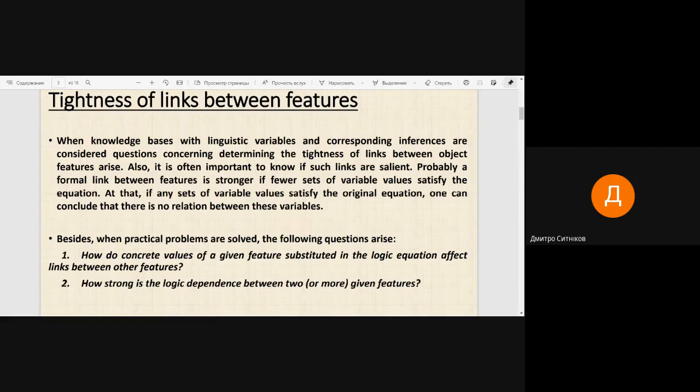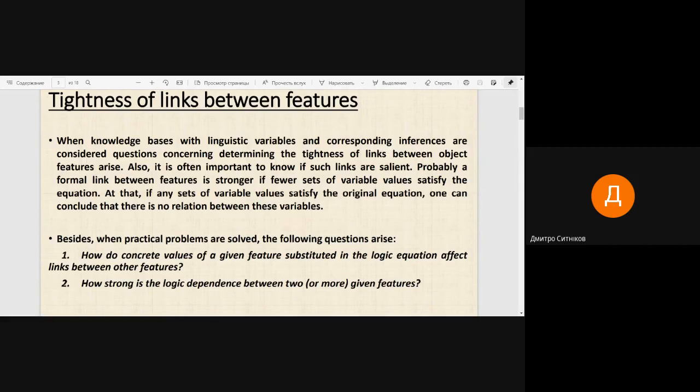Also, it is often important to know if such links are salient. Probably a formal link between features is stronger if fewer sets of variable values satisfy the equation.